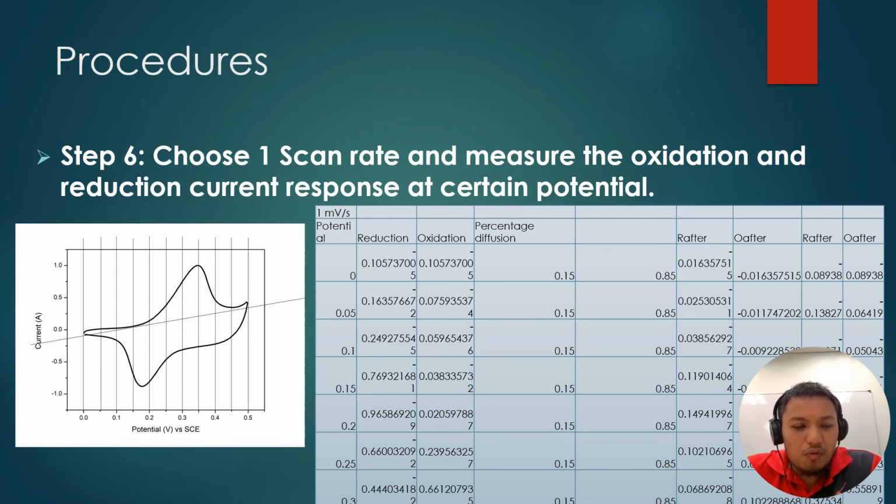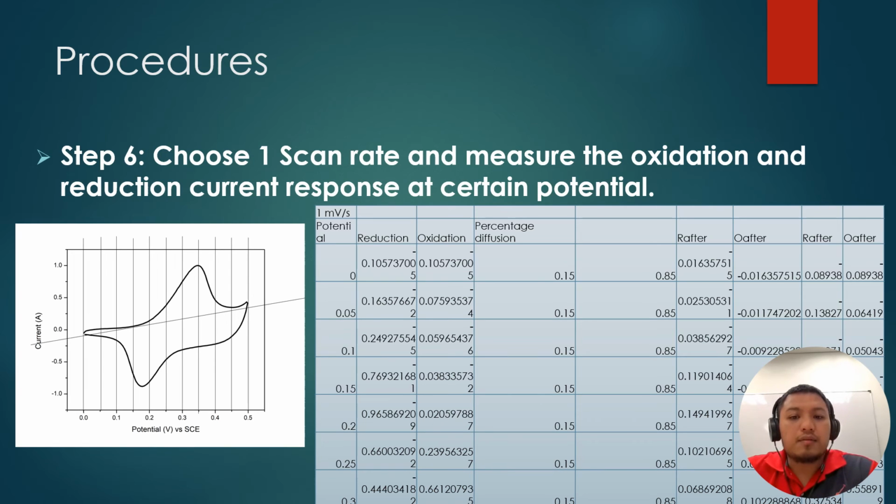For example, we already identified that the inner area belongs to the capacitive. So it's very easy for you to calculate and draw a graph for diffusion limiting for the redox process, which is the outer layer of the graph. For example, in this case, the percentage of diffusion is 0.15 and diffusion limiting is 0.85.